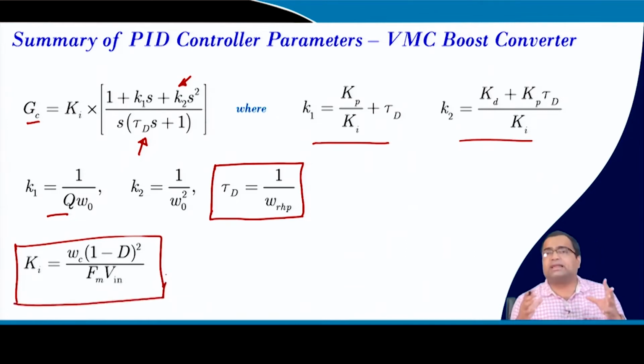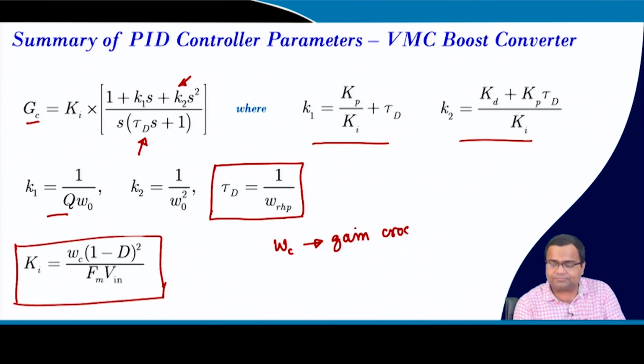After that we analyzed by computing the gain crossover frequency, which is the bandwidth that we have discussed. It is in radian per second.